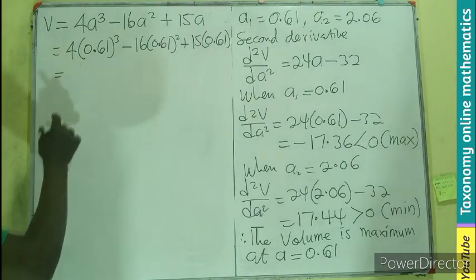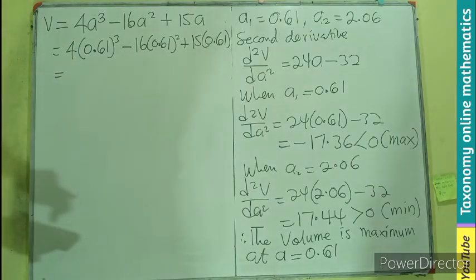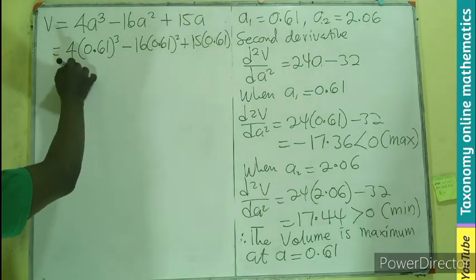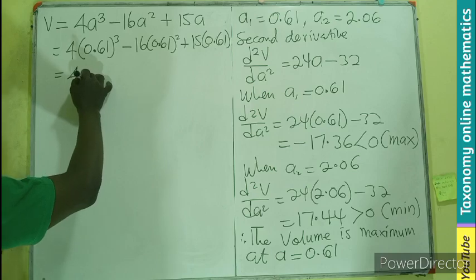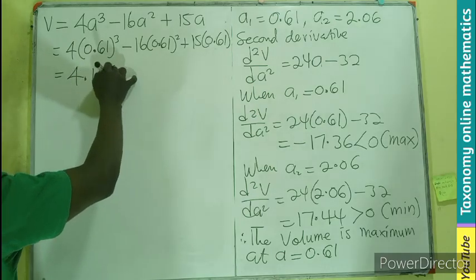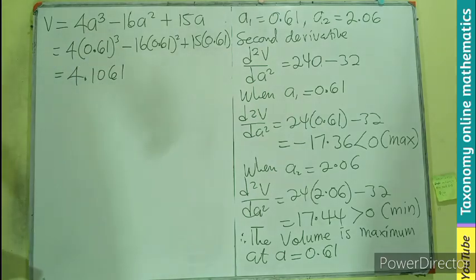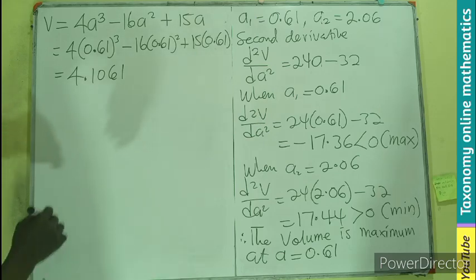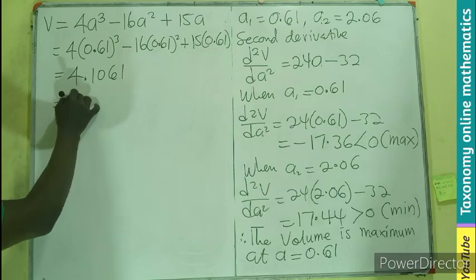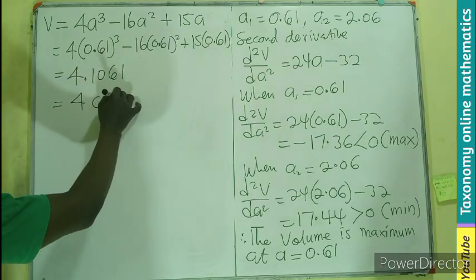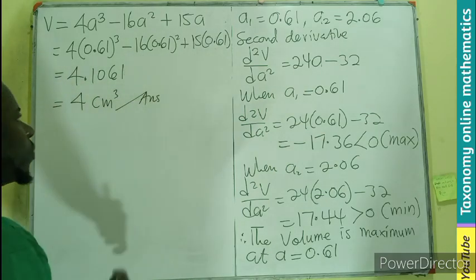So we put all this into our calculator. We can do it step by step, but we put it all together. And that will give us 4.1061. But the question asks us to put it in the nearest whole number. So if we are going to write this in the nearest whole number, we are going to have 4 centimeter cube as the volume.